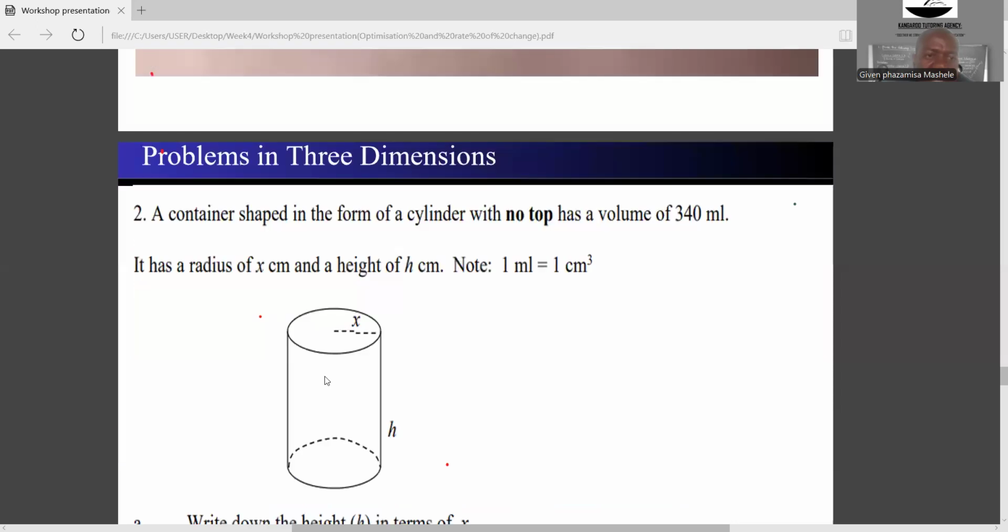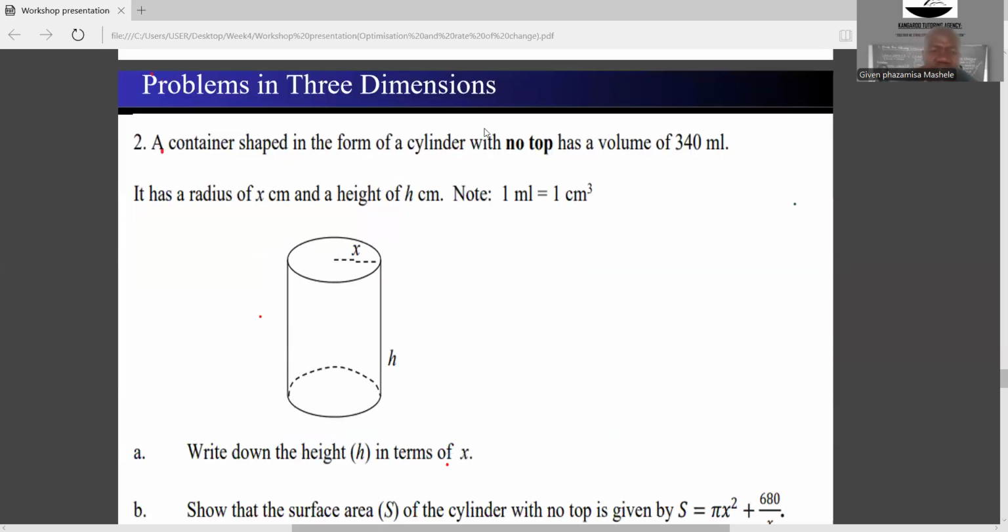Okay, then now the next one, it says a container shaped in the form of a cylinder with no top, and it's very important. With no top, it has a volume of 340 milliliters. So we're given a volume of 340 milliliters, and we are told that this cylinder has no top, no lid.